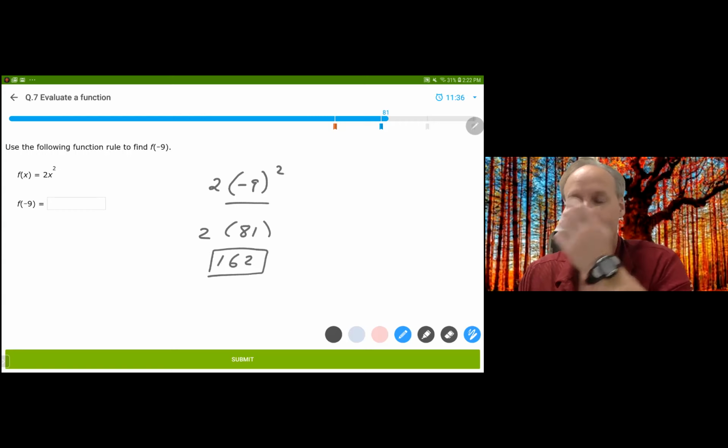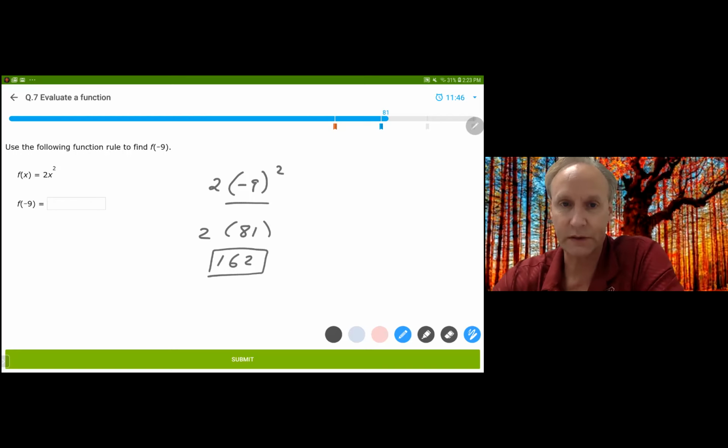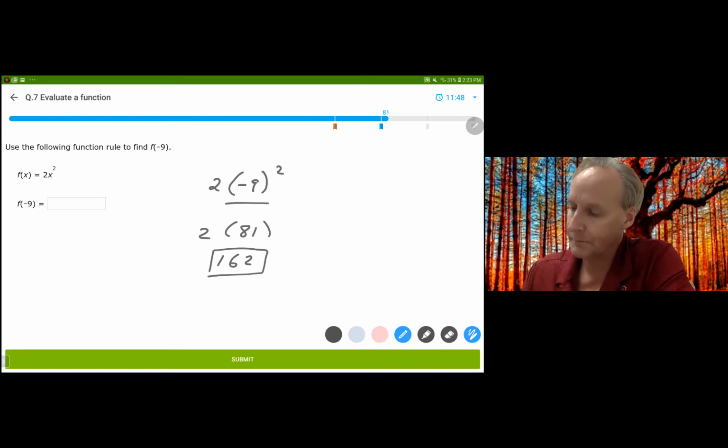A really common error is for people to grab their calculator, and I promise if you grab your calculator and you start pushing buttons, there's a really good chance you'll get it wrong. And I'll show you why. You see, a lot of people will type this in their calculator. They'll say negative 9 to the second power. Maybe they'll put the little caret, and they'll hit the equal sign.